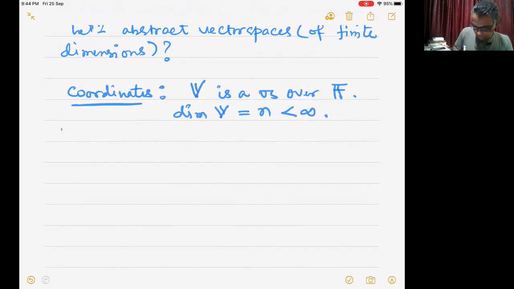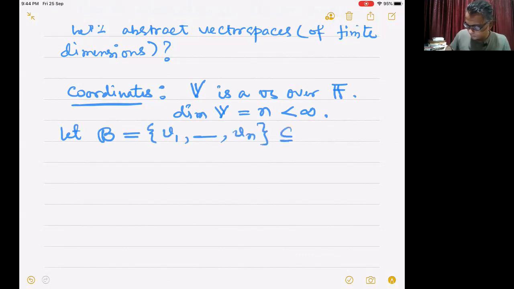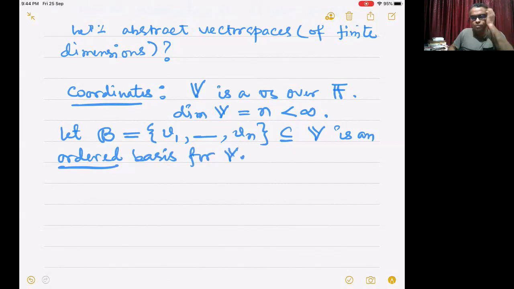Let B, which is {v1, ..., vn}, a subset of V, be an ordered basis for V. Ordered was important, remember. As a vector space over F.